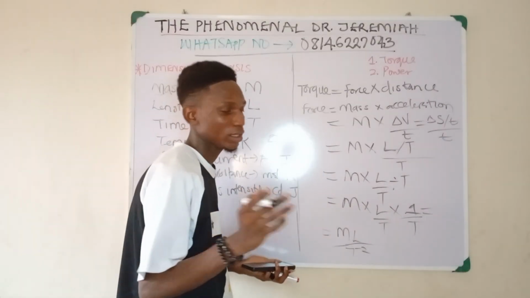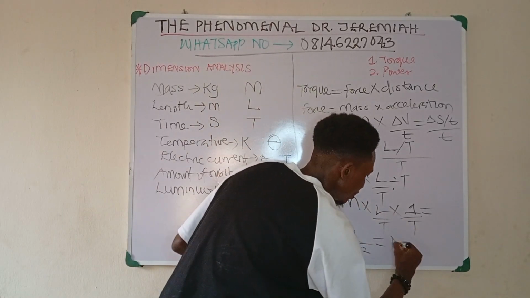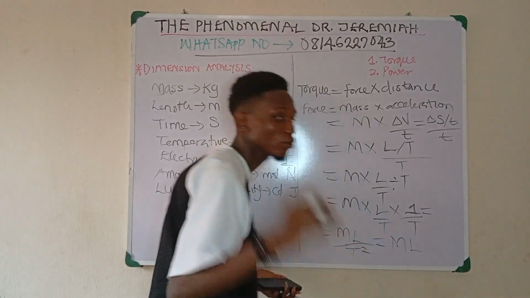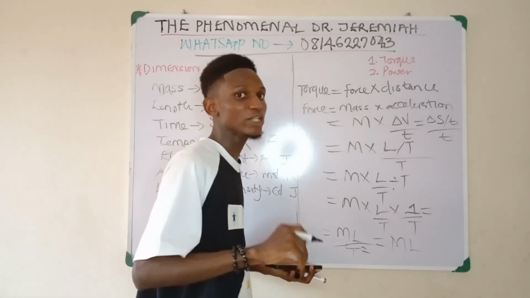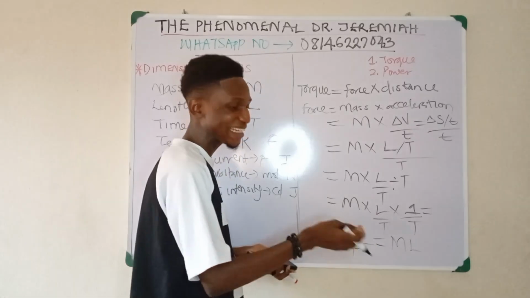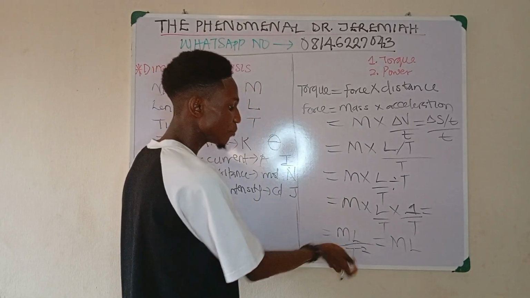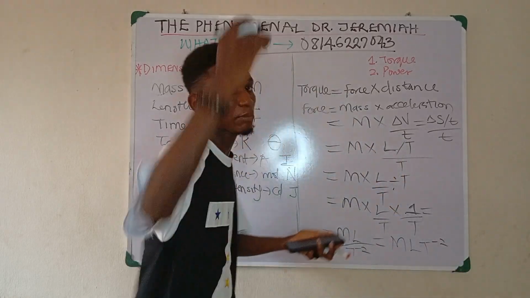So hope you are following me. Then from there, you're going to bring T up using the laws of indices. Like I told you guys in that video, after becoming good in physics, you need some basic knowledge of mathematics, and stuff like indices is very important. So now, for instance, we are bringing time up. It's going to now become T to the power of minus 2, because we are bringing time up.